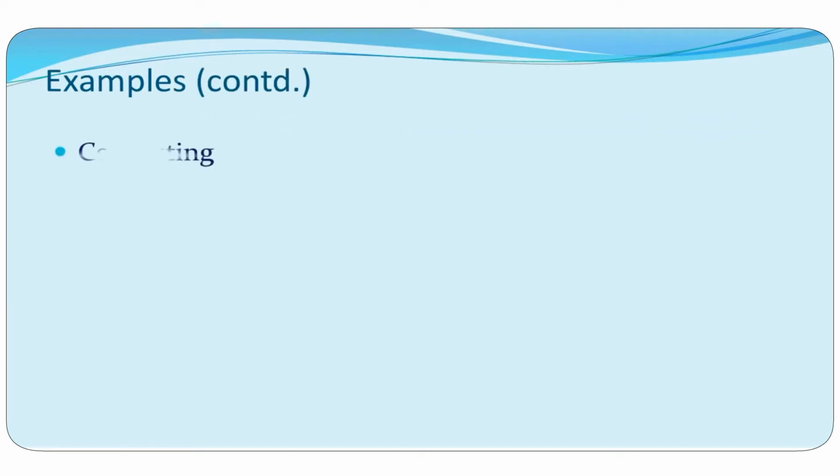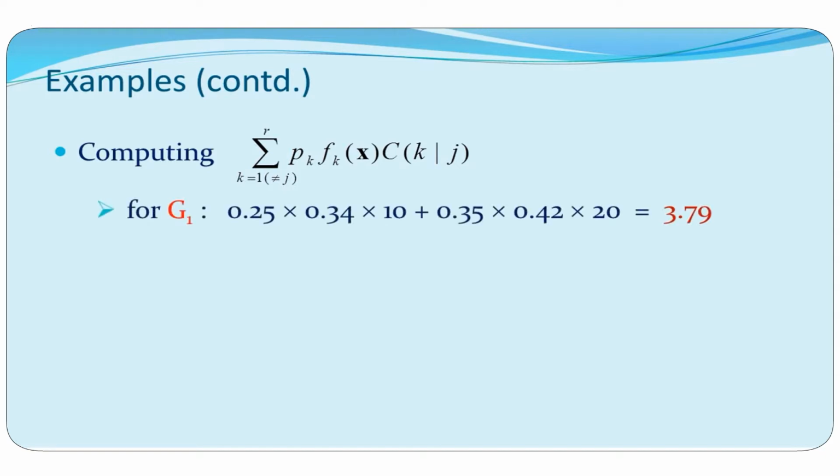Now if you look at this, then when we compute this p_k times f_k(x) times c(k given j), for the first group G1, p_k is the probability of coming from that group, which is 0.25.